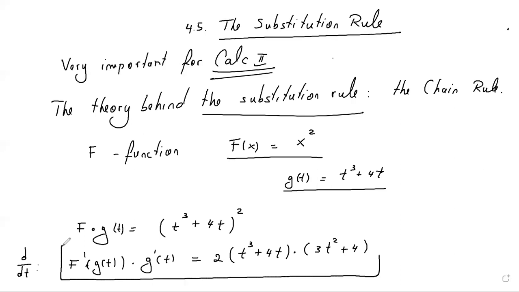So this is the derivative of my function f of g. Now in practice, you know that this is a derivative, right? So let me write that on a new page.